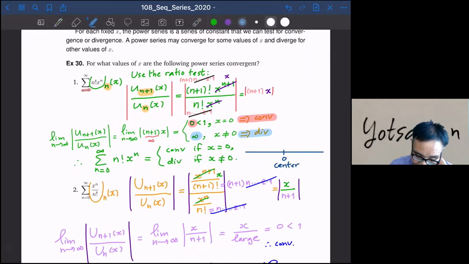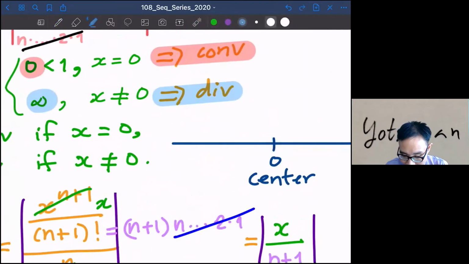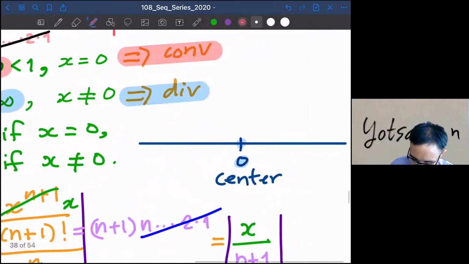And you see that it's going to be convergence only at the center. Convergence only at the center, so it's too small. It's going to be just 1 point of convergence, and it's going to be divergent for the rest.